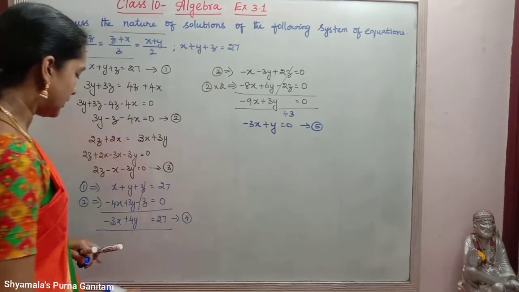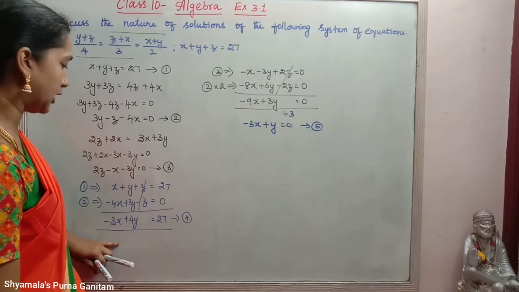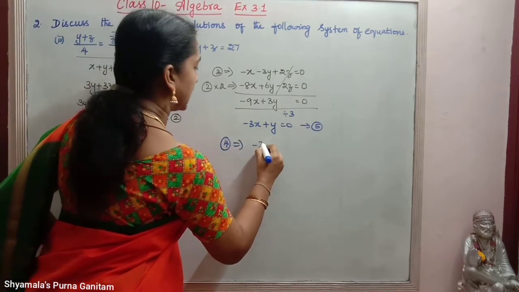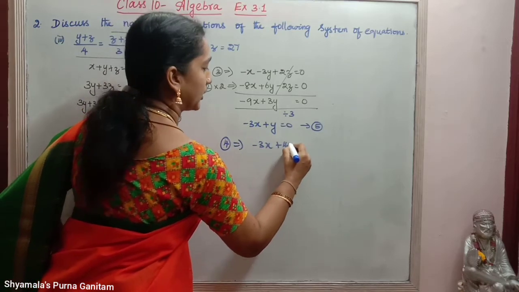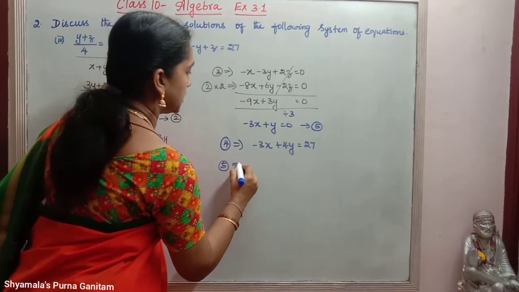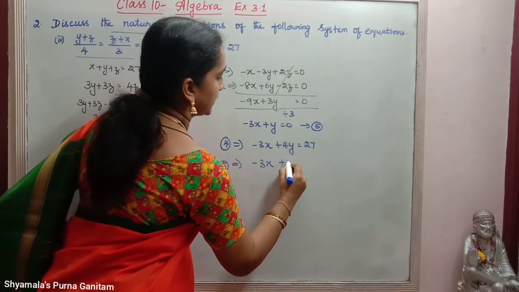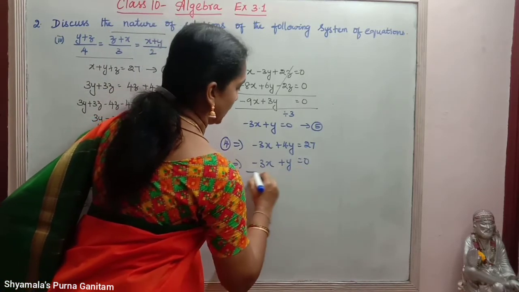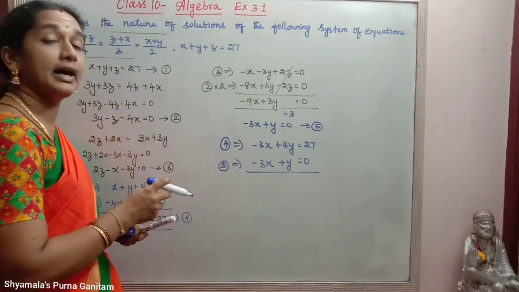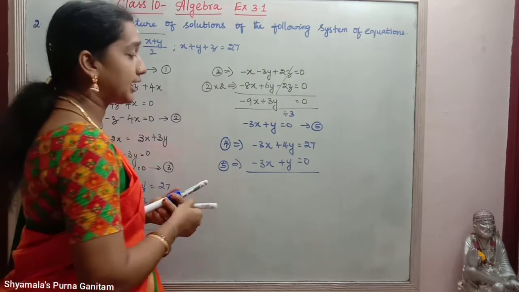Okay, so now I will simplify the fifth equation and the fourth equation. The fourth equation is minus 3x plus 4y is equal to 27. Then the fifth equation is minus 3x plus y is equal to 0. If I add, I cannot cancel the x term, so I am subtracting this.